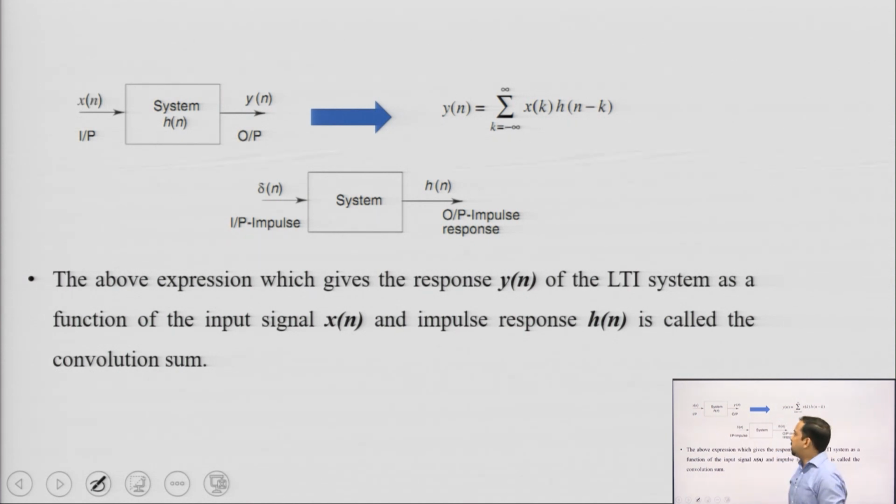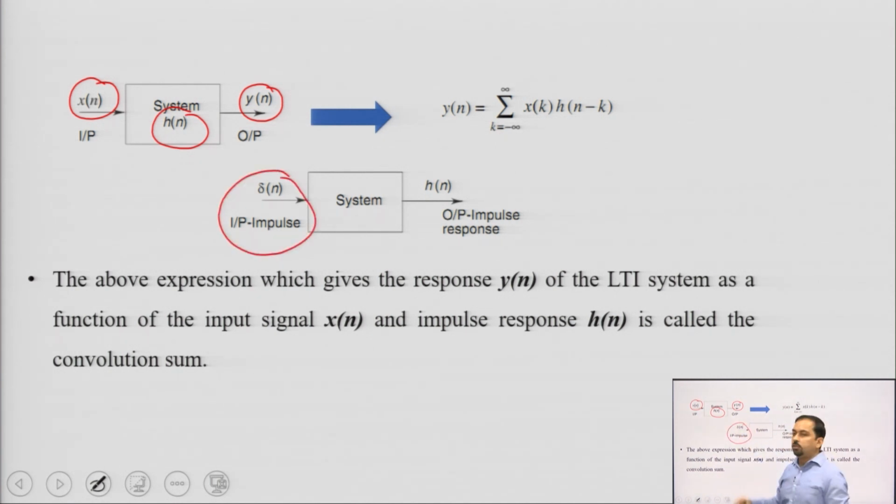Here we have the system with an input x[n], impulse response h[n], and output y[n]. As per the definition of impulse response, if x[n] is an impulse signal, then the output of the system is known as the impulse response.